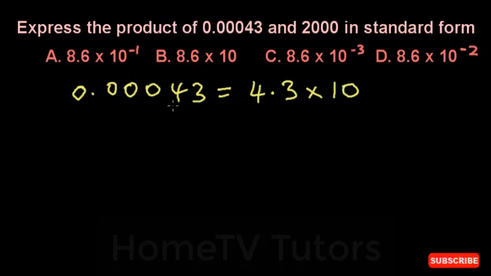When we count to the right, we have a negative exponent, so 10 raised to the power -4.